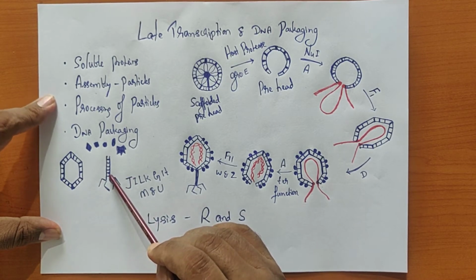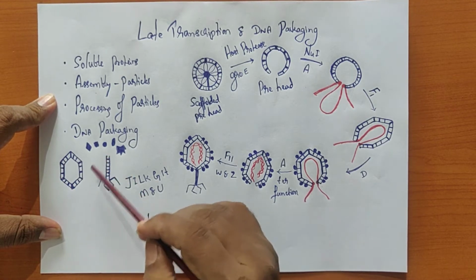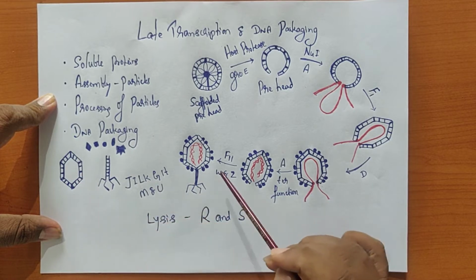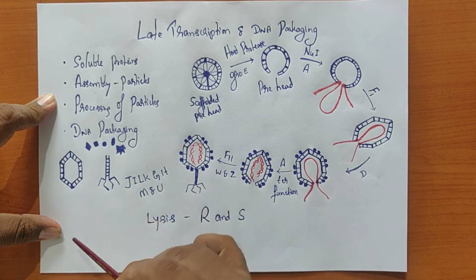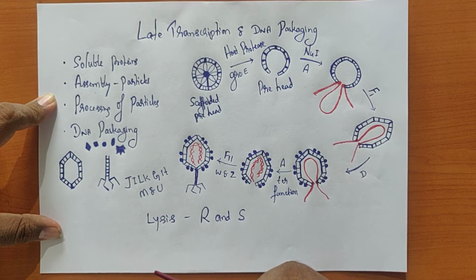The head is synthesized separately and the tail is synthesized separately. Then the DNA is packaged into the head, and finally the tail assembles, so that we have the final active lambda bacteriophage.